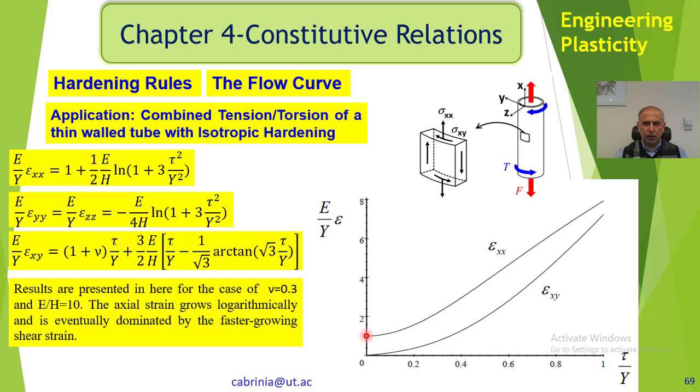Epsilon xx is something here, equal to that. But as we apply this torsional loading, we get this epsilon xy dominating this epsilon xx. Of course, both of them are increasing, but the increase is more because we have stopped increasing sigma xx. This xx is just due to the shearing. So that's how we get the relationship between the plastic strains.